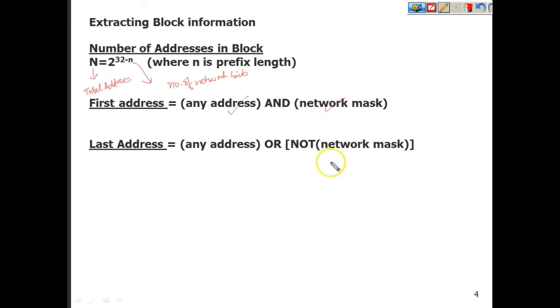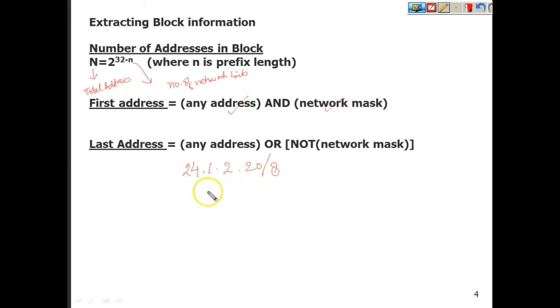I will repeat this again. Network mask means when you keep all the network ID bits equal to 1, then it gives you the network mask. So if you have, let's say, 24.1.2.20 slash 8, this is the information given to you.